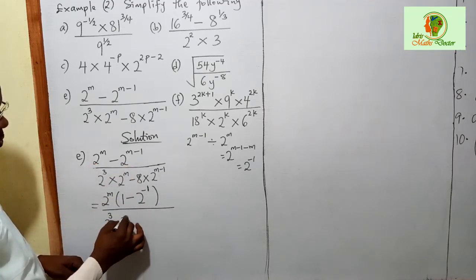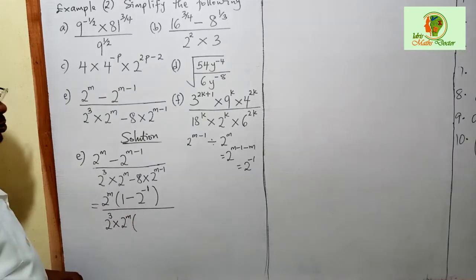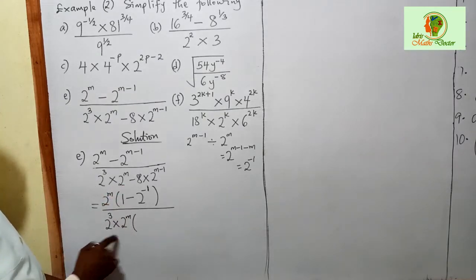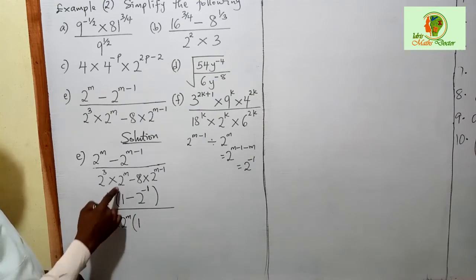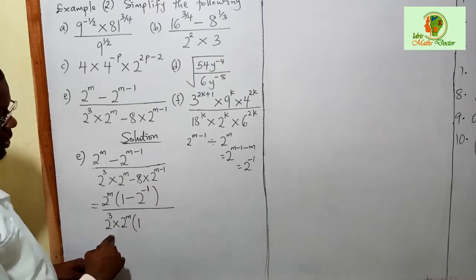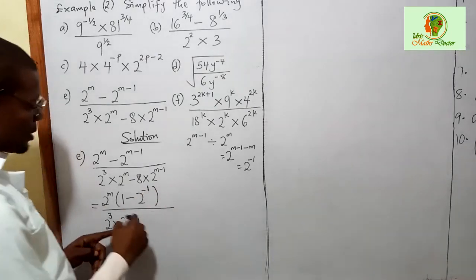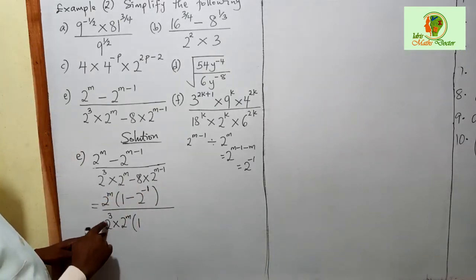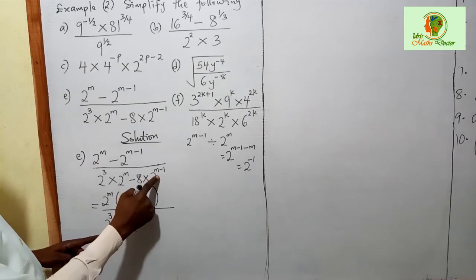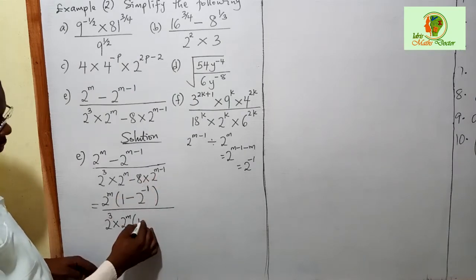So bracket open. If you divide all this by this, we are going to have 1 because they are exactly the same. Now, if you divide all this by this, 8 will cancel out 8 because 2 raised to power 3 means 2 times 2 times 2, which is 8. They will cancel out. And again, this divided by this will leave minus 2 raised to power minus 1.